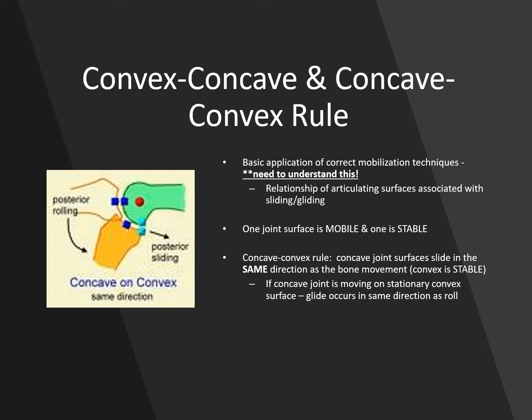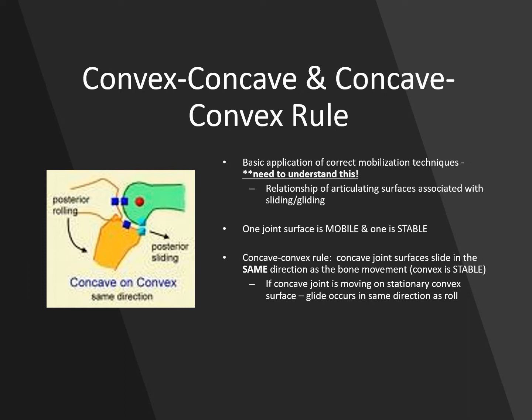Now let's take an example of shoulder abduction, where the convex head of the humerus is moving on a stable concave glenoid cavity. Let me remind you that rolling and sliding should be understood in a convex-concave or concave-convex rule.